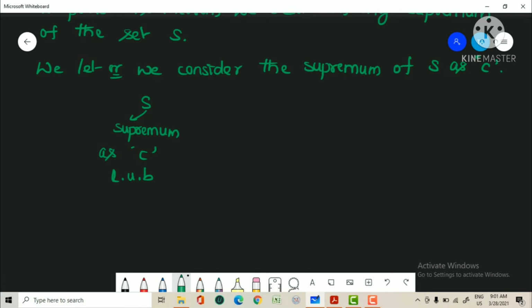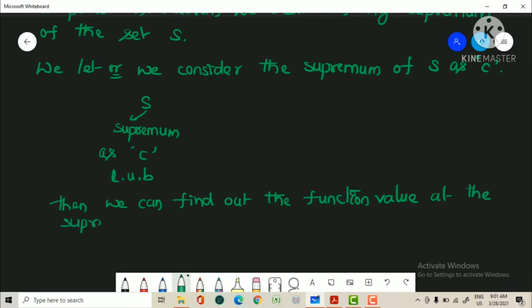Okay, then once we have this, then we can find out the function value at the supremum, that is at C.